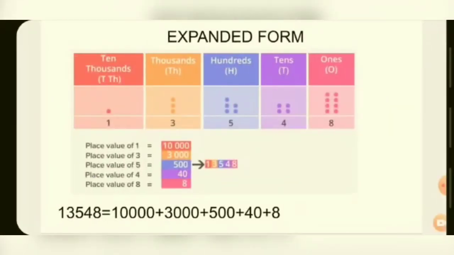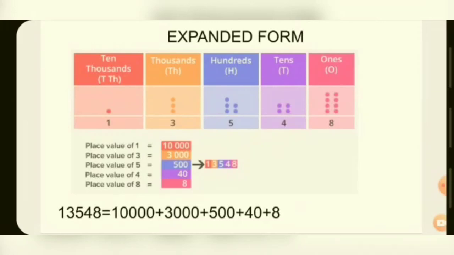Next, we are going to learn expanded form of 5-digit numbers. The number 13548, that is 13,548. The number 1 comes under 10,000s, so it can be written as 10,000.